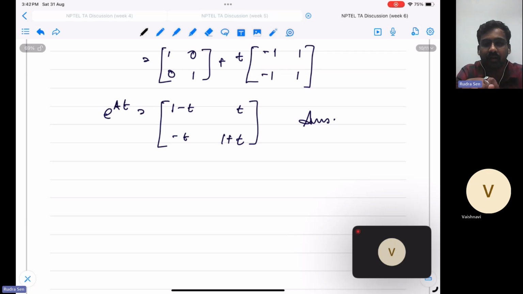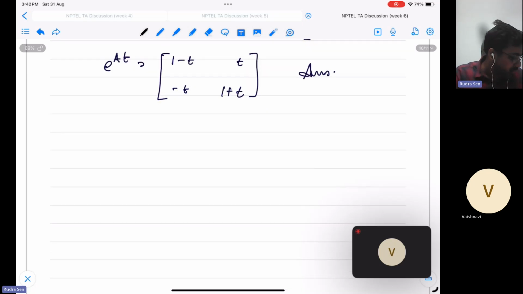You know that, right? Okay, so I'm assuming that you know those commands in MATLAB, so I'm not discussing those commands. Let's move to the next segment, which is controllability.